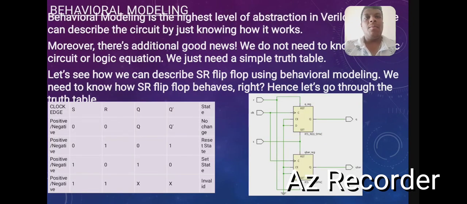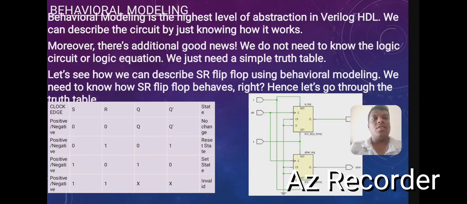So behavioral modeling is the highest level of abstraction, where we can describe the circuit by knowing how it works. Moreover, it is additionally good that we don't need to know how the logic circuit and logic diagram implement the truth table.